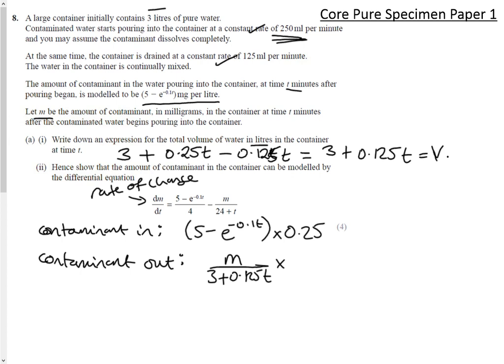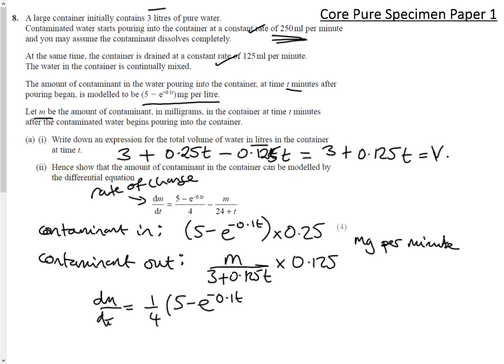And how much goes out? 0.125. So both of these are the rate in milligrams per minute that the contaminant is going in and out. So the rate of change is how much is coming in subtract how much is going out.